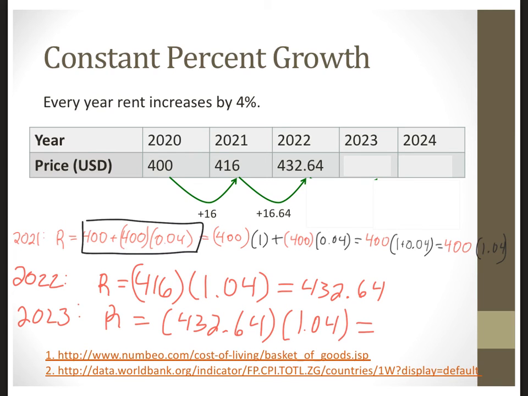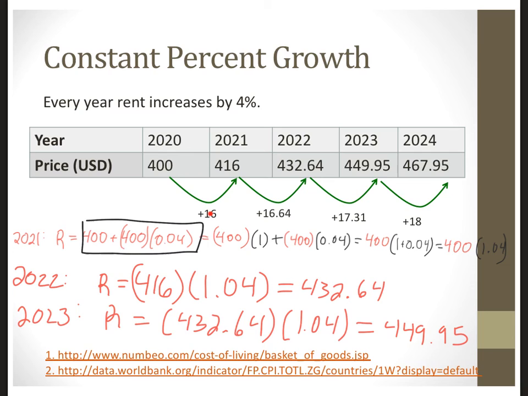This calculation gives us a rent of almost $450, but not quite. So this would be $449.95. And checking these increases in absolute terms, that has jumped up by even more. And we can multiply this by 1.04 again and get the rent in 2024. And that is an increase of $18.